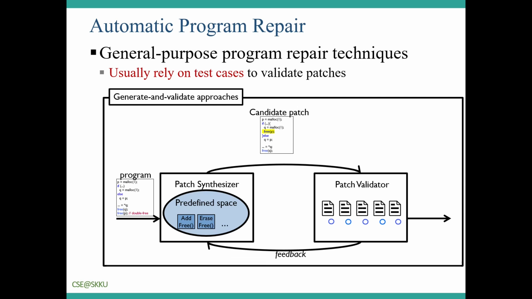Even if all test cases pass, the patch might not correctly resolve the underlying problem. Such patches are often called plausible patches in the APR domain. They appear correct based on test case outcomes, but they don't actually fix the bugs.